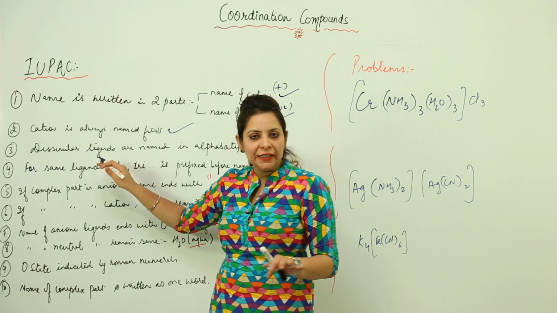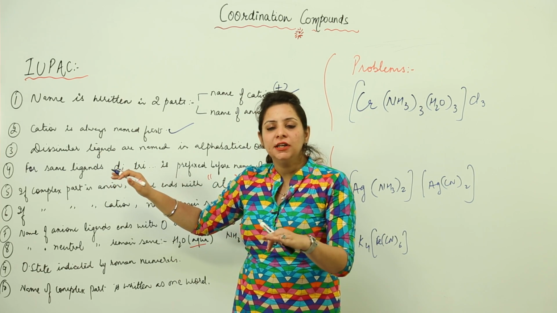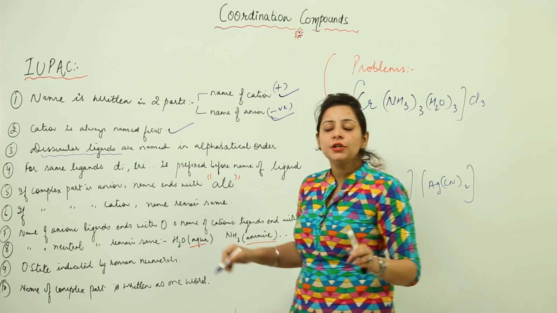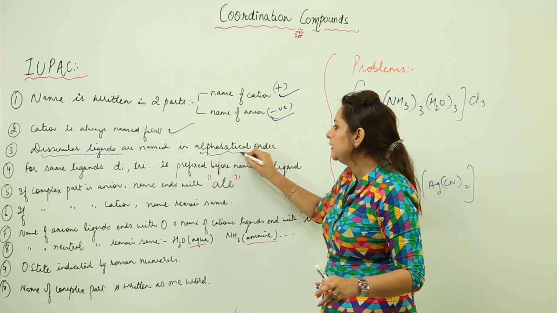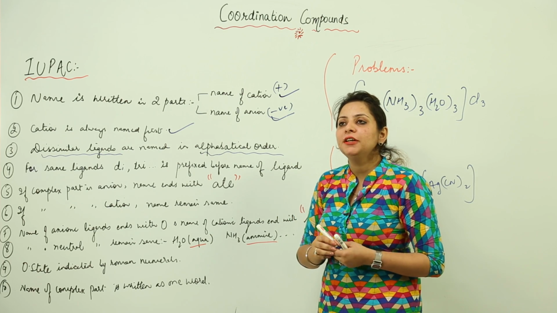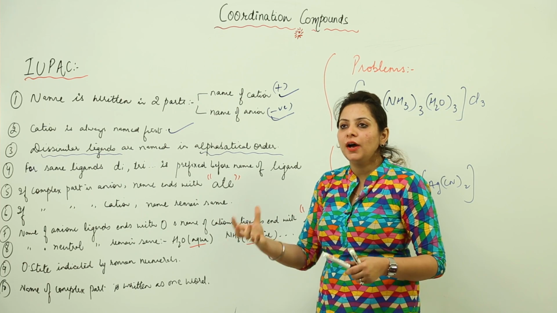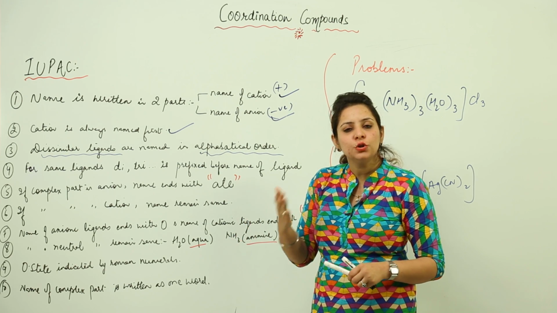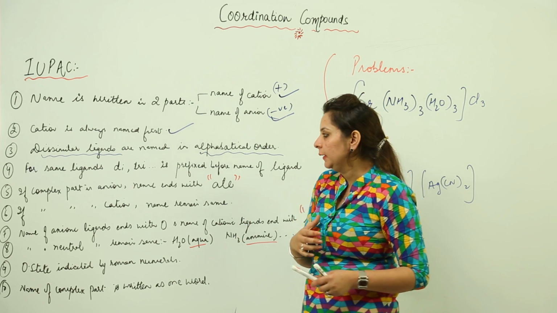Then we have ligands there, right? Ligands can be similar, can be dissimilar. But if the ligands are dissimilar, you just name them in alphabetical order. For example, you have ammine, you have aqua, you have ethane-1,2-diamine. So just use alphabetical order in writing the names.